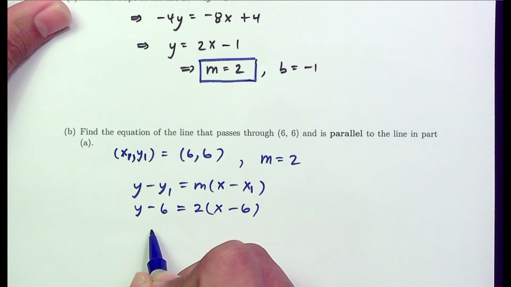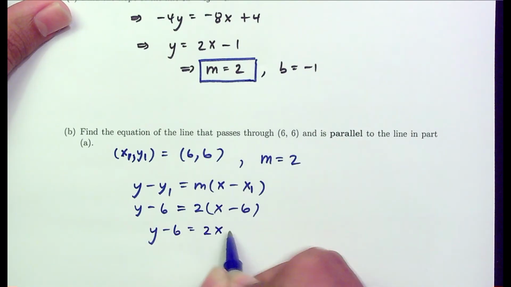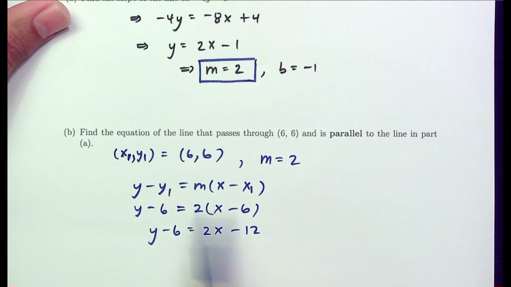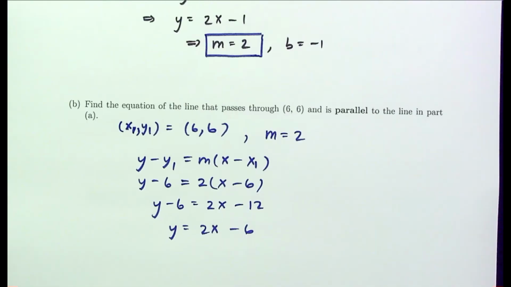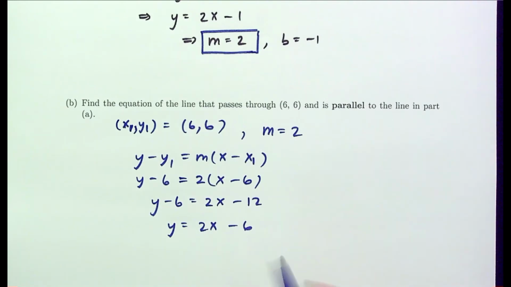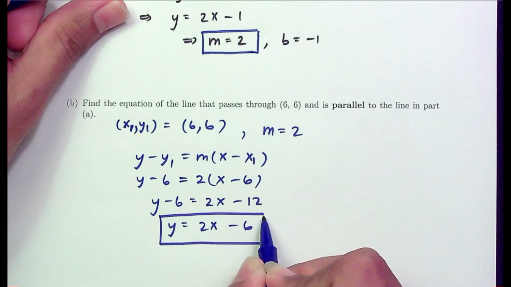Let's solve for y. This is y minus 6 equals 2x minus 12. Distribute in here, and then add 6. You're going to get y equals 2x minus 6, because negative 12 plus positive 6 is negative 6. Okay, and that is the answer.